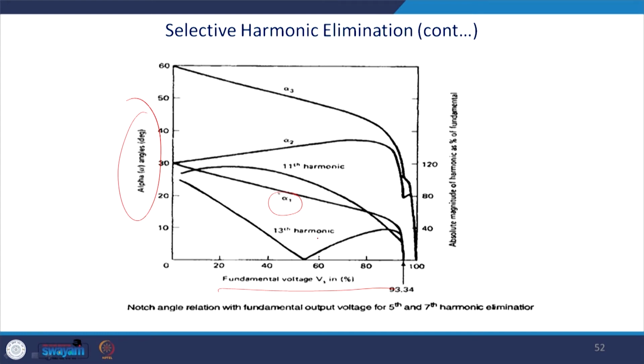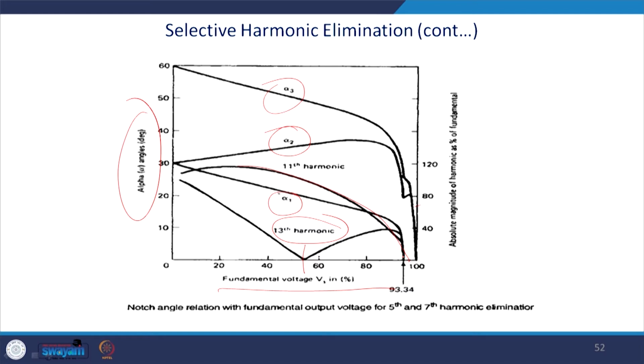You can see that what happens, this is the 13th harmonic. The 13th harmonic will be initially high, gradually it will come down here and thereafter will increase. Similarly, this is for alpha 3 and this is for alpha 2, and this is the 11th harmonic. So, for the 11th harmonic you will have this kind of pattern.